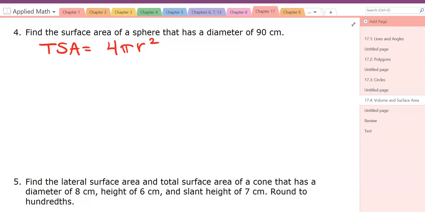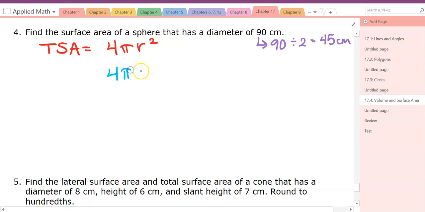Now this says that the diameter is 90 centimeters, so what's the radius? 45. So let's take 90, divide by 2, so we get 45 centimeters. So that's what's going to go in for r. So you're going to take 4 times pi times 45 squared. Okay, someone out there, I want you guys to calculate that and then tell me what you get.